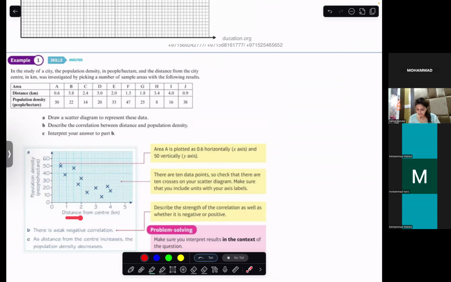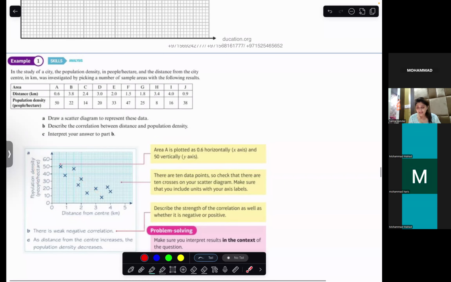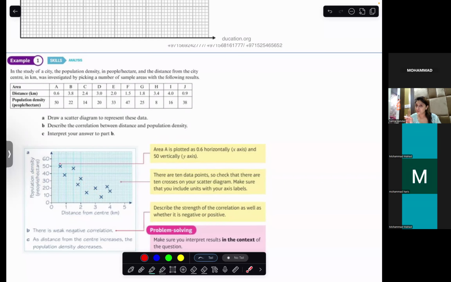It has a weak negative correlation. So when they ask you to state the correlation, you state it: weak positive or weak negative.